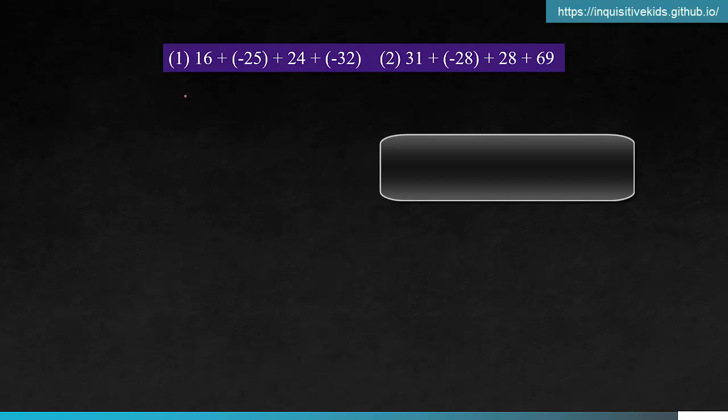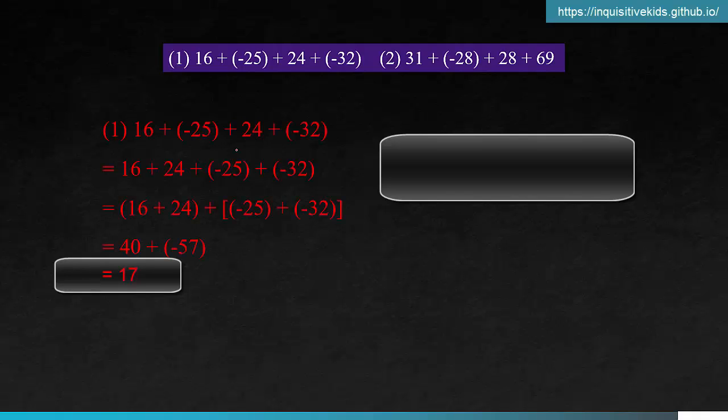So we will get 40 plus negative 57. Now we can simplify that by adding it, and we will get negative 17. Okay, here's how we did it.